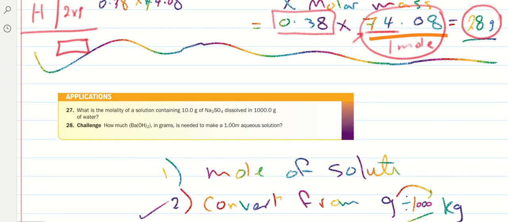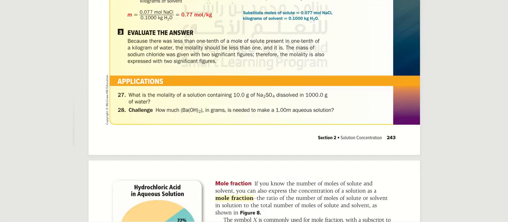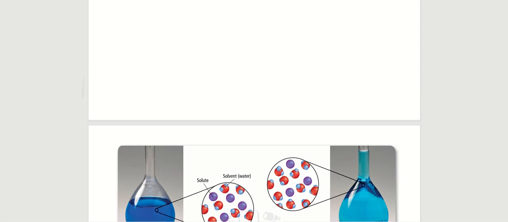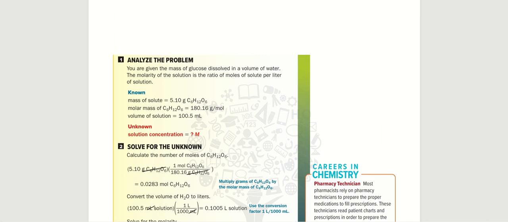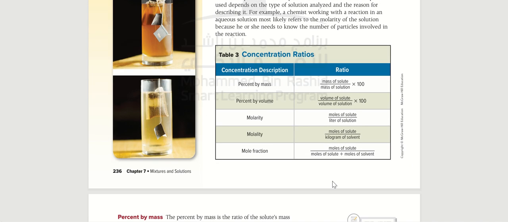Okay. Again, let's revise together. We took examples, and we are going forward in the syllabus. We answered percent by mass, mass of solute divided by mass of solution, and pay attention, mass of solution means the solvent plus the solute.